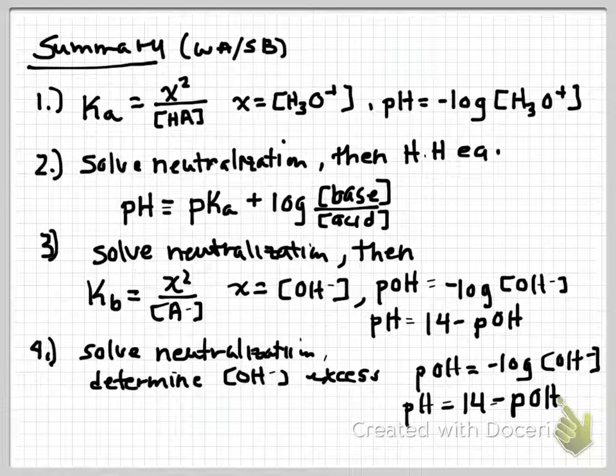For the equivalence point, region 3, we solve our neutralization and then put it into our Kb expression. And lastly, in the excess OH region, region 4, we solve our neutralization and then determine how much OH is in excess from our strong base and determine pH from that. And that will allow you to get any point along a titration curve.